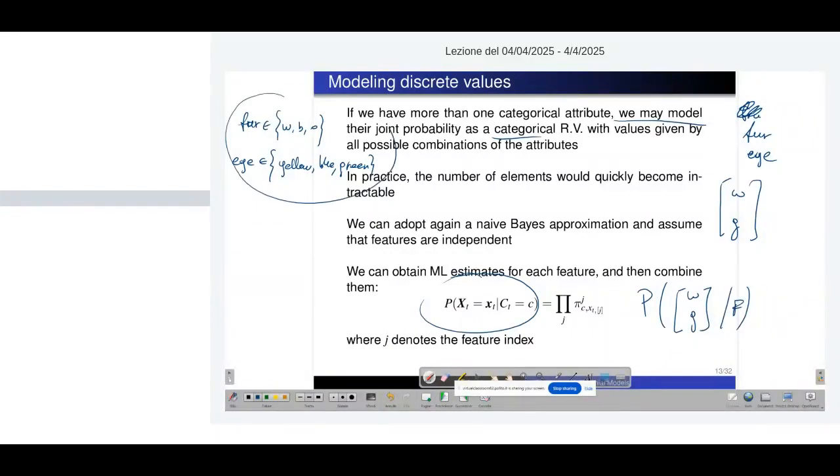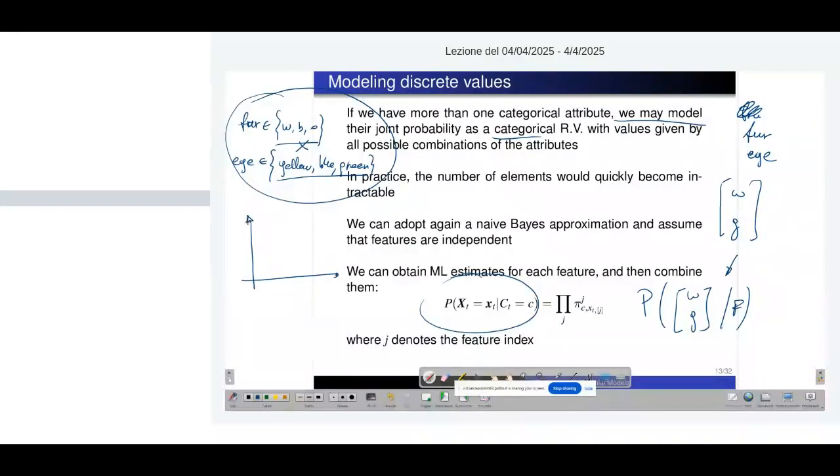And I need to be able to compute a value for all possible combinations. What are the possible values of my feature vector? There are all the combinations of the fur color and the corresponding eye color. For each of these combinations, I need to be able to compute the probability of the corresponding sample.